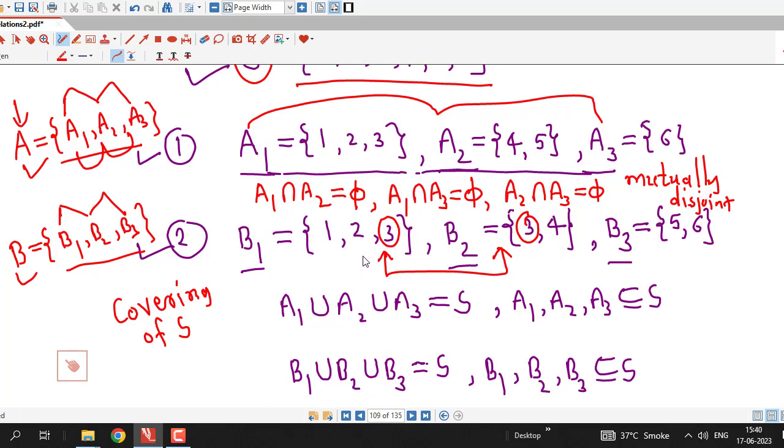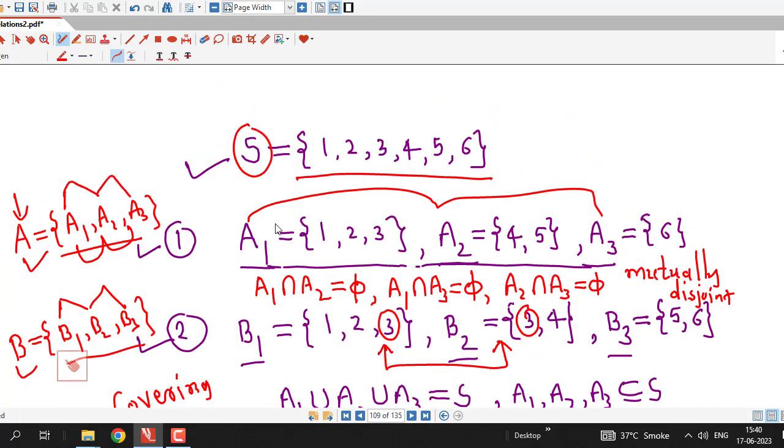So in addition, if the members in the collection are mutually disjoint, then in that case we obtain a partition of a set. For a partition we require one extra condition, and that extra condition is that all the members of the given collection are mutually disjoint.